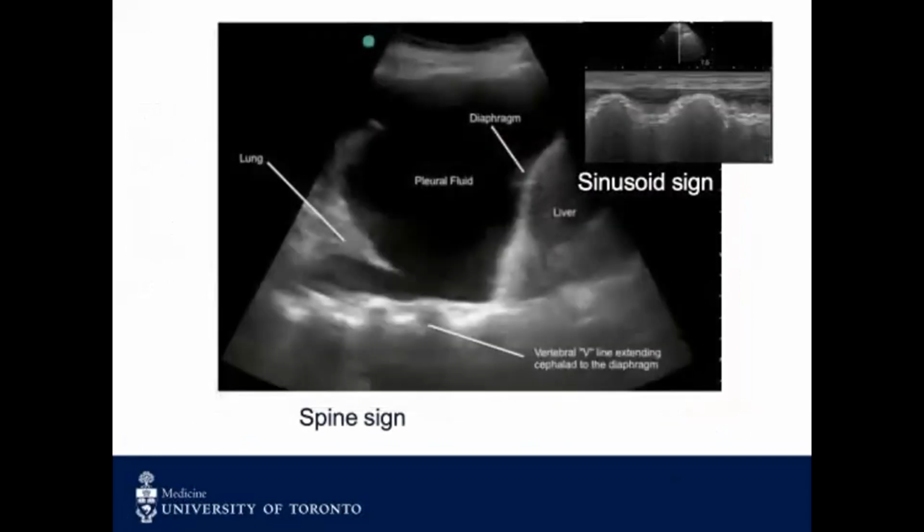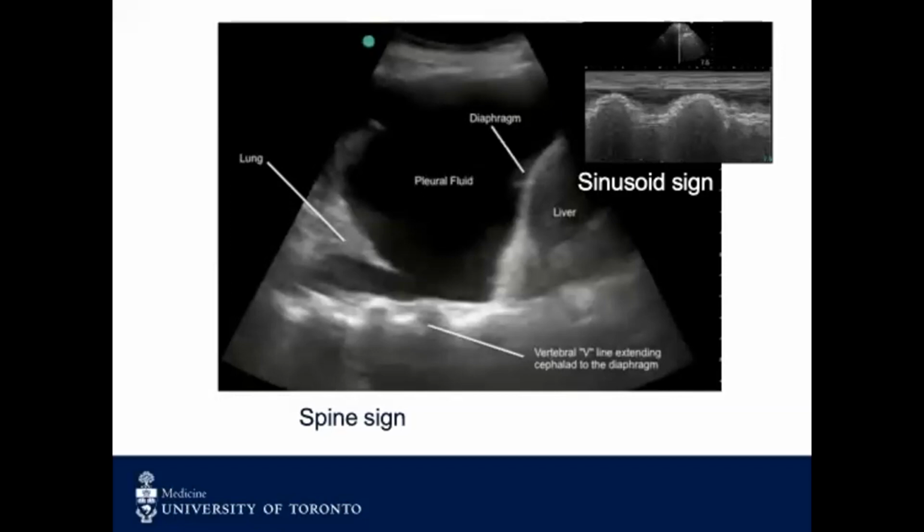We know that chest x-rays often under-detect pleural effusions and under-detect their size, so this is another useful function for lung ultrasound. You put your curvilinear probe on the patient and see that they've got a massive pleural effusion, and you end up doing a thoracentesis and hopefully sending the patient home.